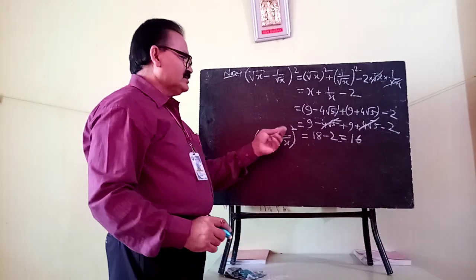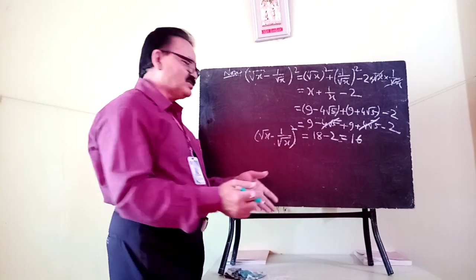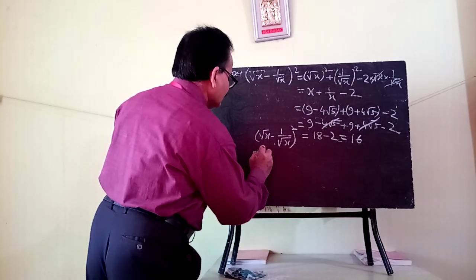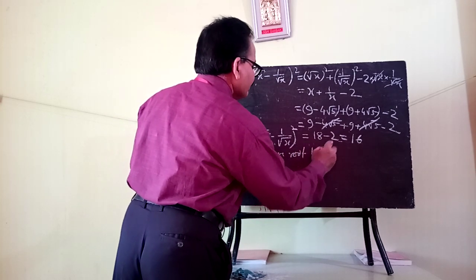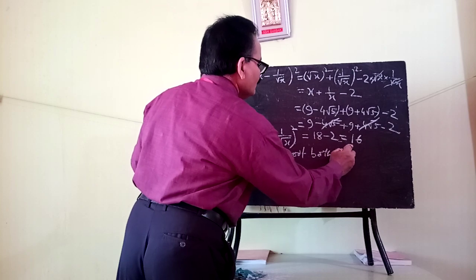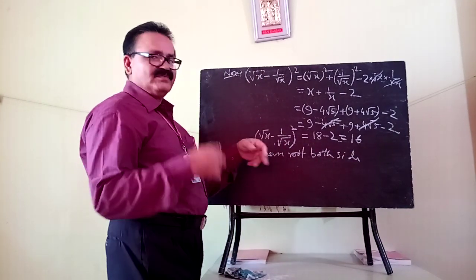Now, for removing the square, you have to find the square root of both sides. When you take the square root, the square will be out.